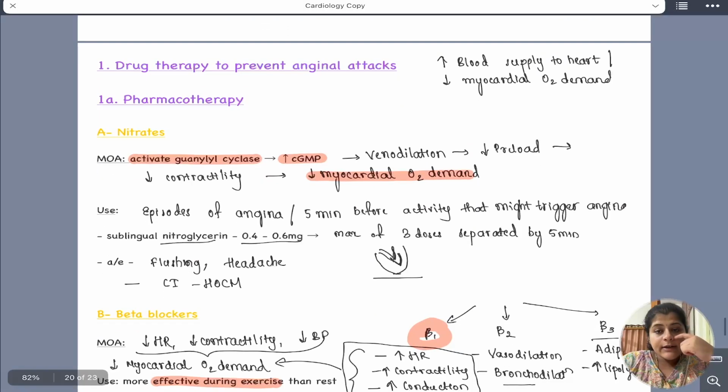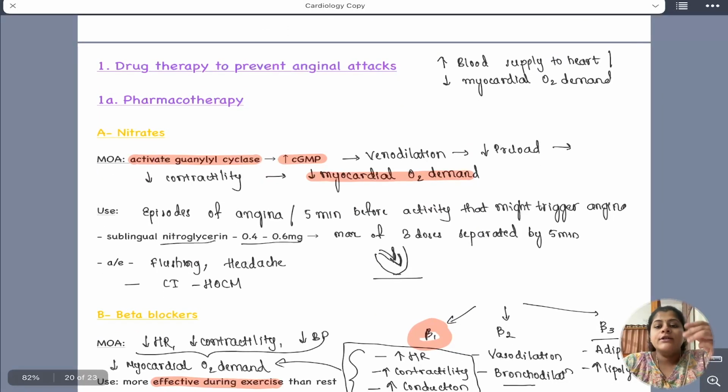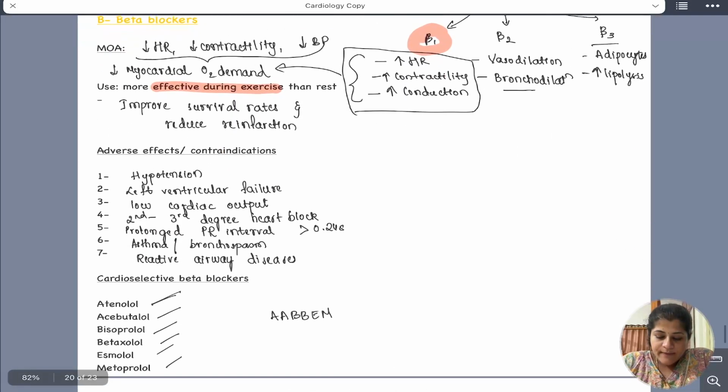In preventing anginal attacks, there are three important medications: nitrates, especially nitroglycerin, beta blockers, and calcium channel blockers. Nitrates and beta blockers mainly act by reducing myocardial oxygen demand, whereas calcium channel blockers increase blood supply and also reduce myocardial oxygen demand.